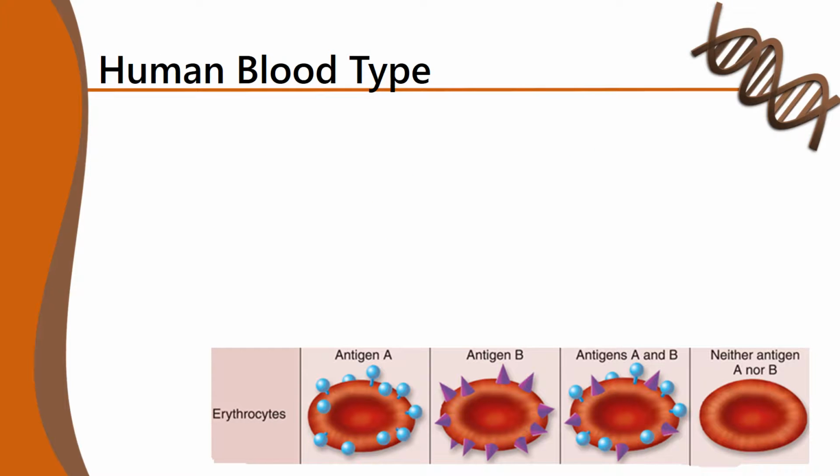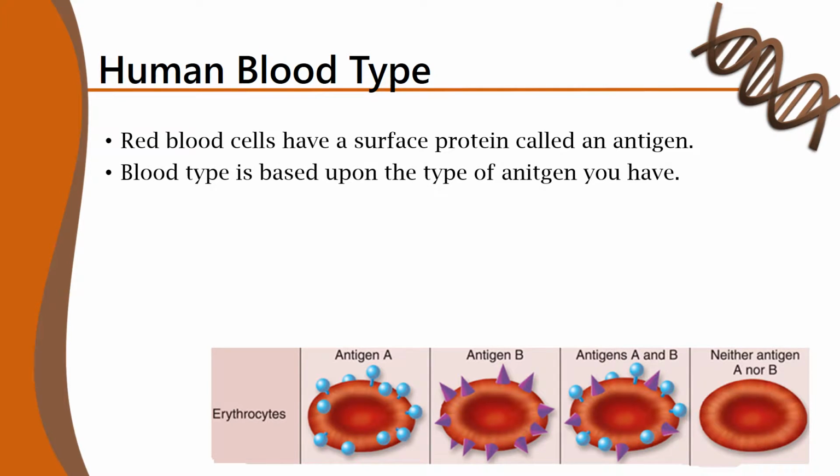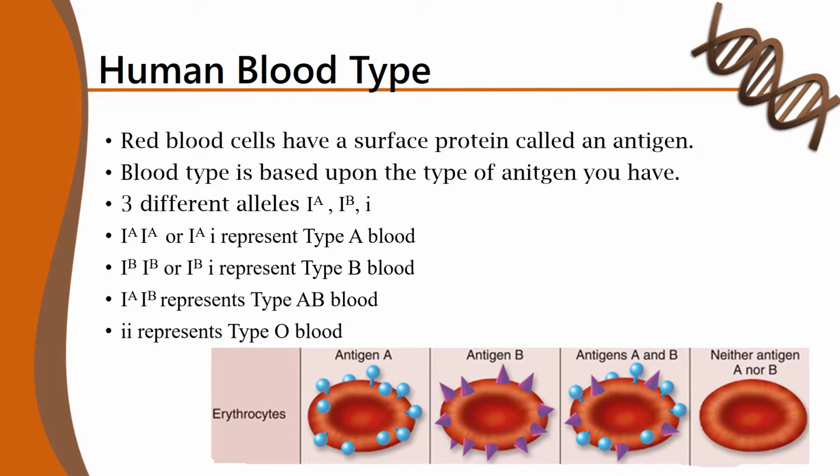So let's take a look at human blood type and what all this means. Red blood cells have a surface protein called an antigen, and we've talked about antigens in the microbiology unit. Blood type is based on the type of antigen you have. We have three different alleles: IA, IB, and a little i. IA, or IA and little i, represent type A blood, where the blood cell only has the A antigen.